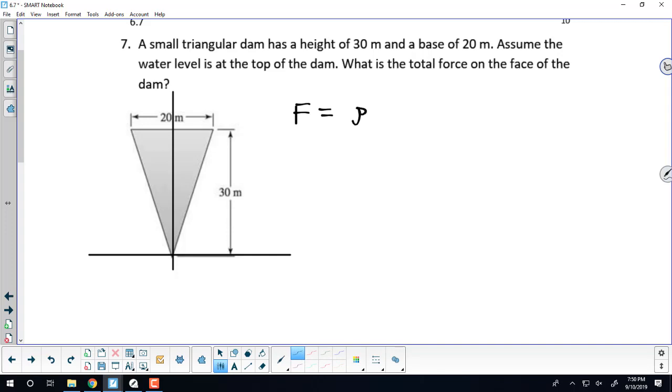So we're just going to write out force is density times gravity, times the width function, the height function, and the thickness. So once again, our width function is measured by this distance here.